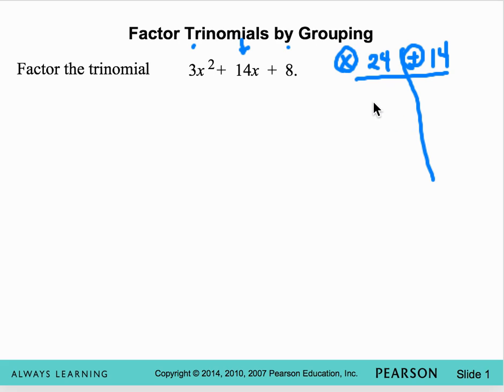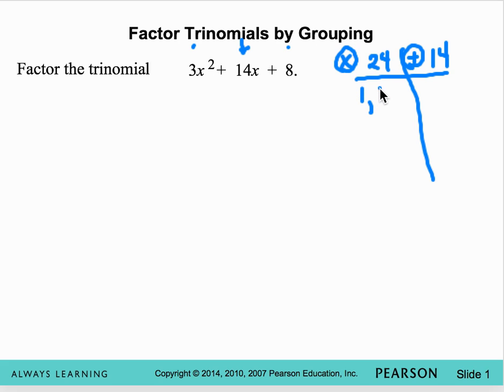Okay, so I'm just going to go down my list. Some of us are going to be better at this than others, or be able to do it quicker than others, because some of you might know, oh, that's 12 and 2. If I really know my multiplication tables, I know that's 12 and 2. If we have a little bit of trouble finding these numbers, just go down all of your factors. So I'm just going to start with 1.